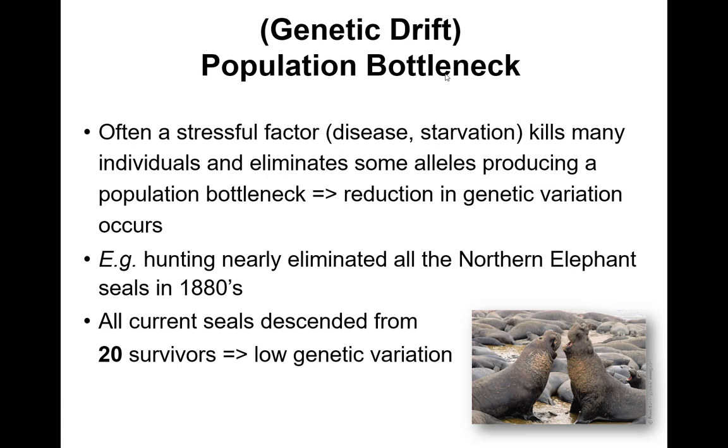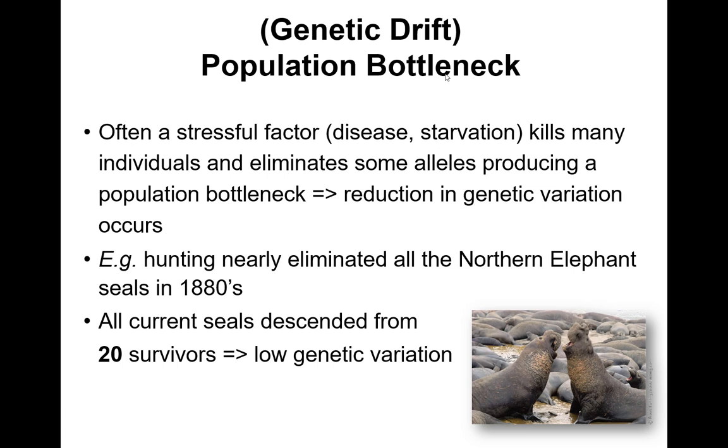This has a huge effect on the frequency of the alleles and most likely will result in the random elimination of some variants. Now you have that small population, and if it's allowed to repopulate the earth, it will form a new population which has dramatically different allele frequencies compared to the original one that was subject to the population bottleneck.